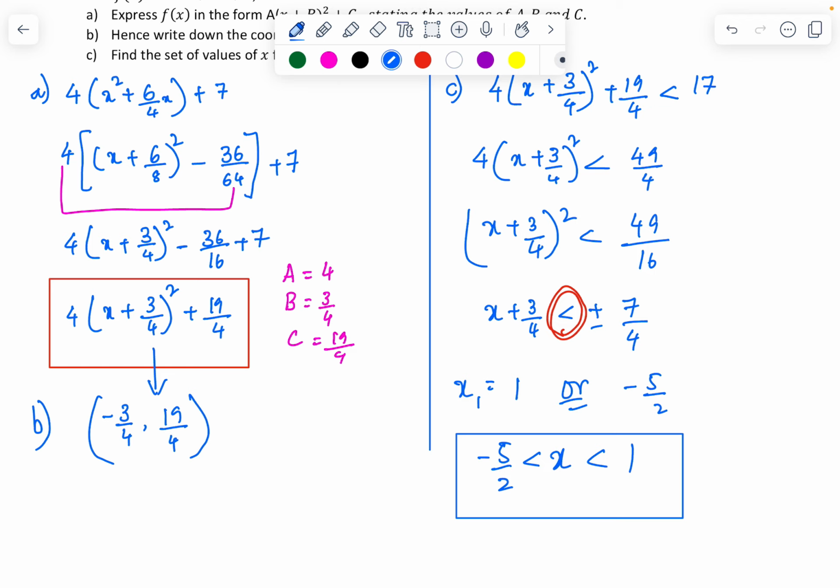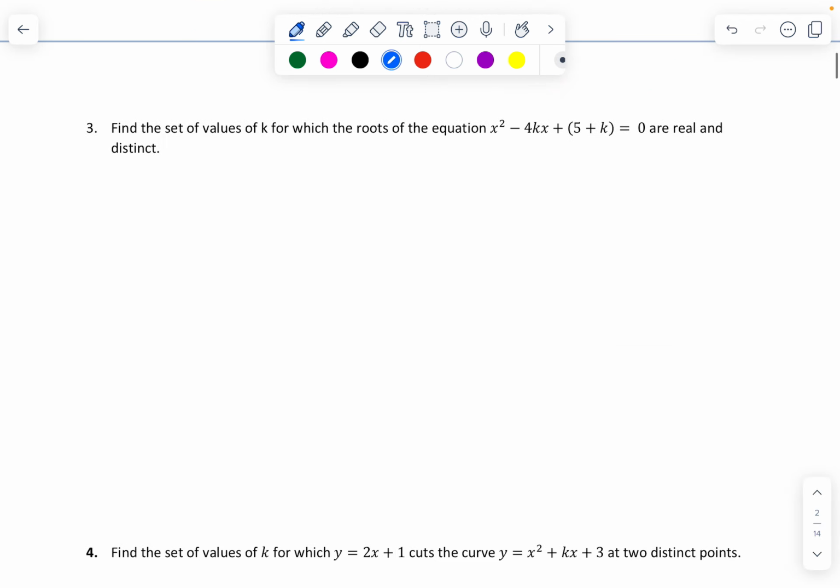Now let's go to question number 3. Find the set of values of k for which the roots of the equation x square minus 4x plus 5 plus k is equal to 0 are real and distinct. So real and distinct means the discriminant is greater than 0.